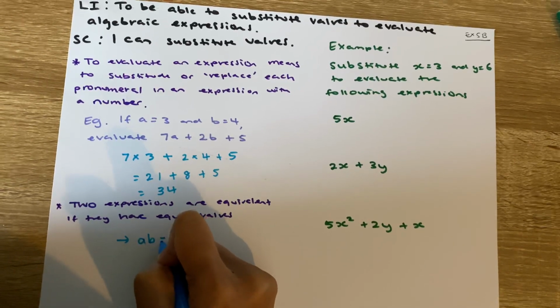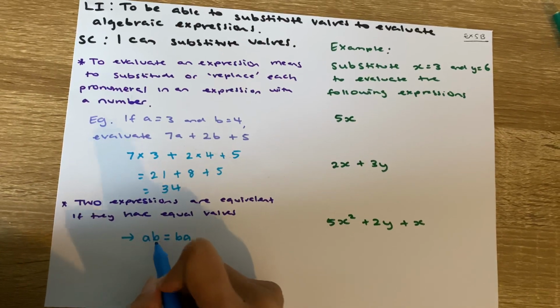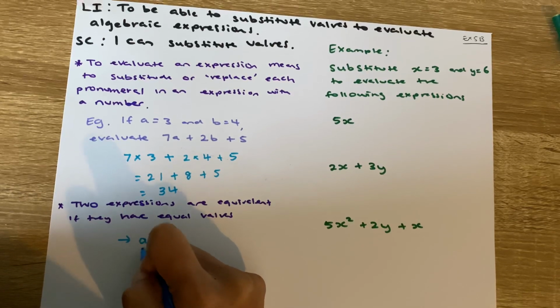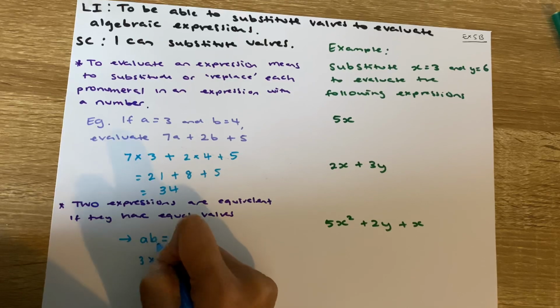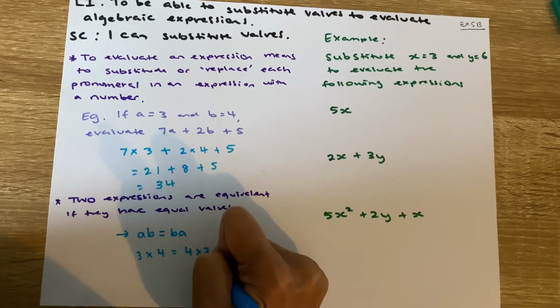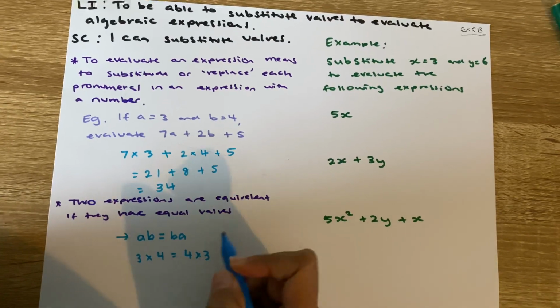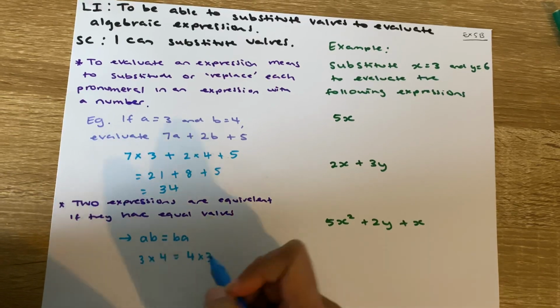So we're going to say these two expressions are equal. If A is 3, 3 times B, B was 4, is going to be the same as 4 times 3. So when we're multiplying, our expressions are equal.